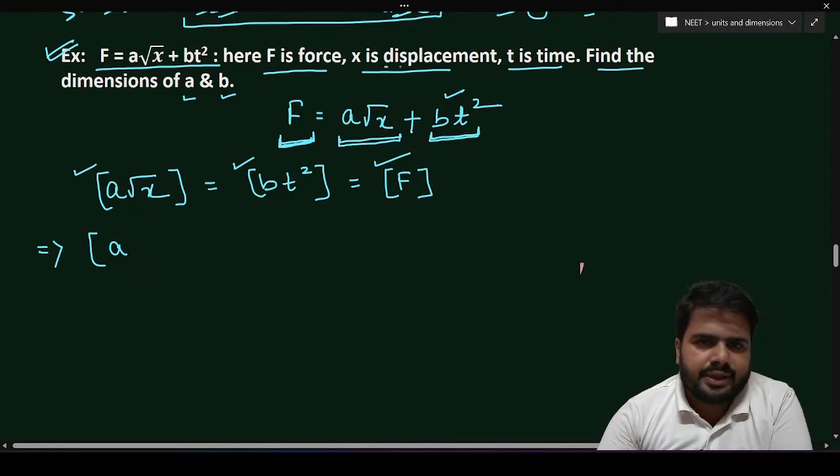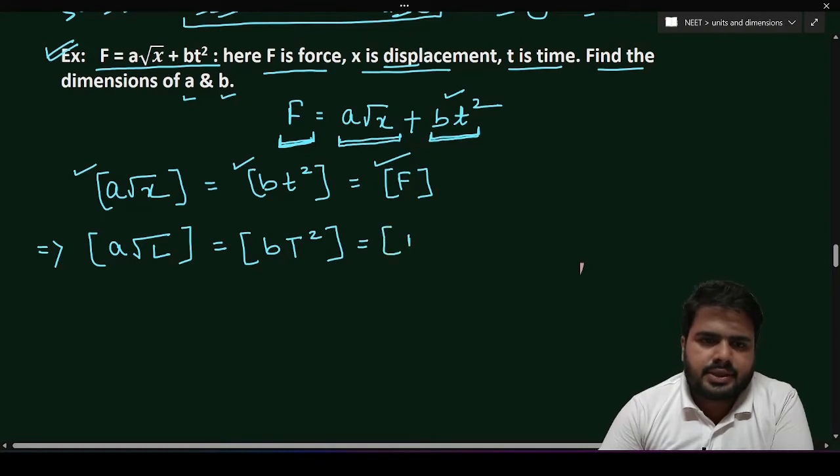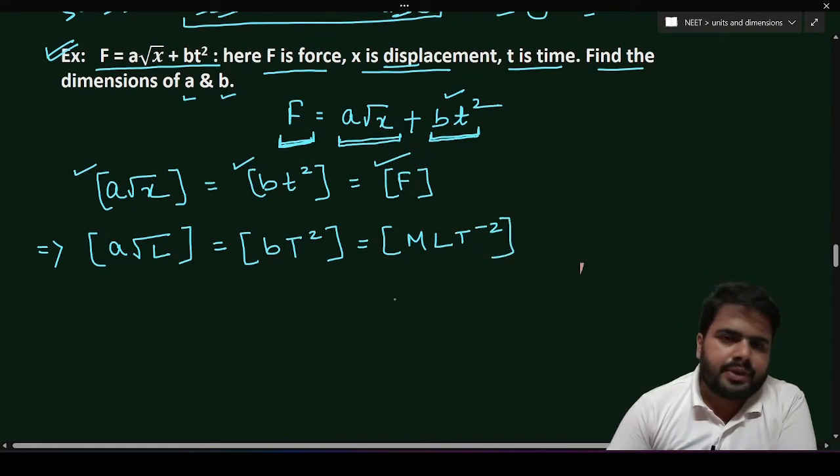X is displacement, so in place of x we put the dimension L, and the root is as it is. Then b into t square: the dimension of b is unknown, t square is the time dimension, capital T square, and the dimension of force we know as M L T to the power minus 2. Clear, all of you? Okay.